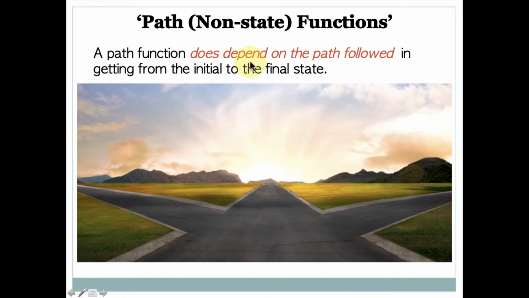So it does depend on whether you go all around circling a house or just go directly to the house. You will get a different value for your answer depending on the path that was taken.